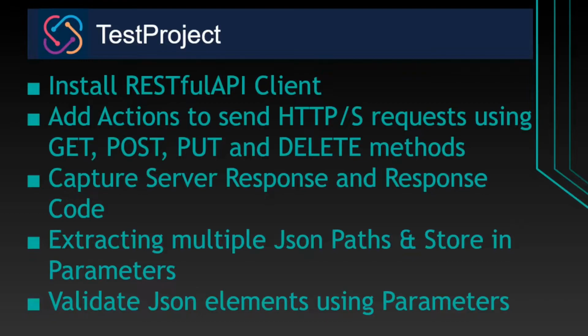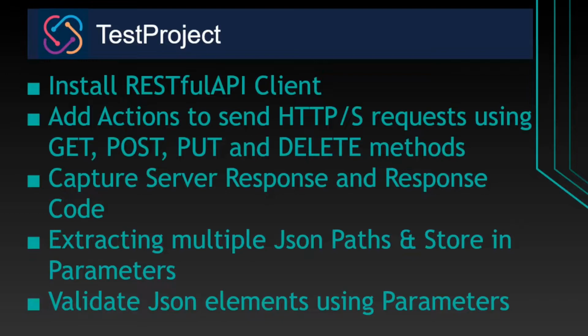I'm also going to teach you how we can extract multiple JSON paths and then store those multiple JSON paths in parameters. So what is JSON path? Generally in a JSON structure, you'll have root elements and then child elements.